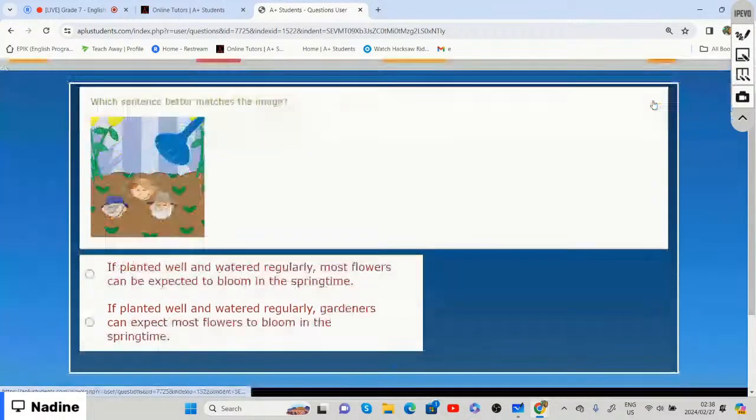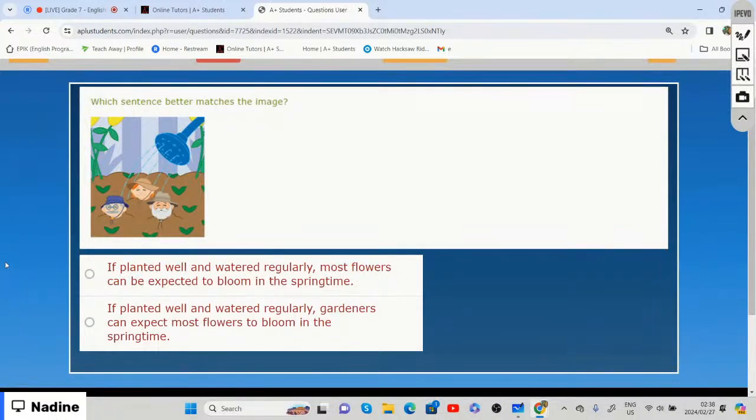If planted well and watered regularly, most flowers can be expected to bloom in the springtime. Or, if planted well and watered regularly, gardeners can expect most flowers to bloom in the springtime.